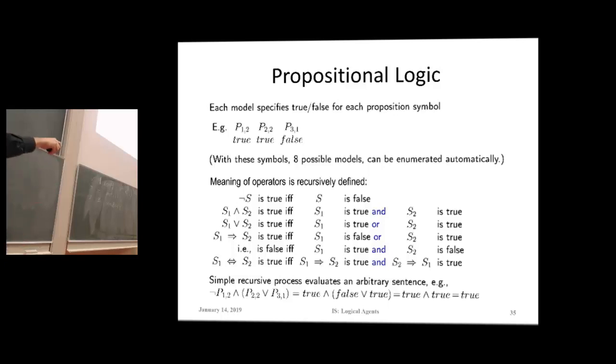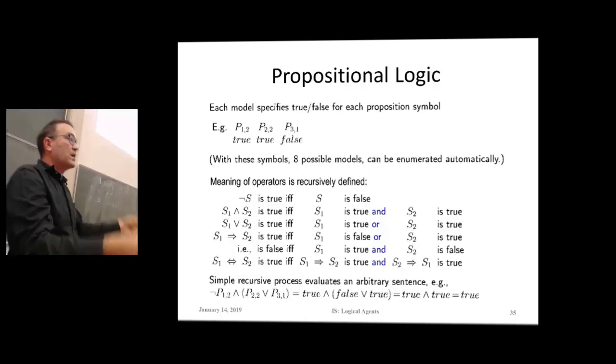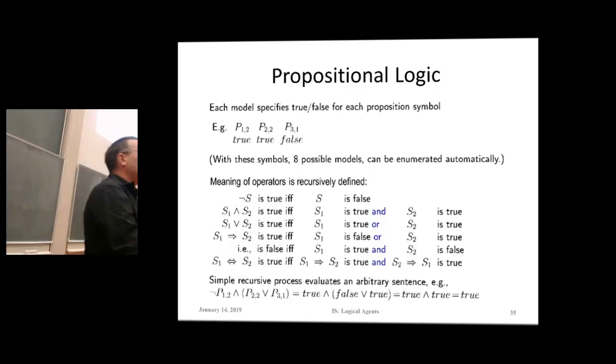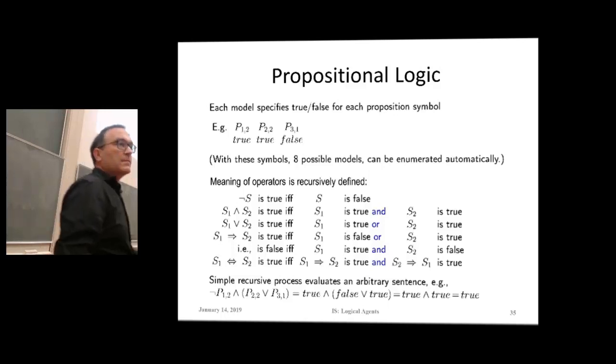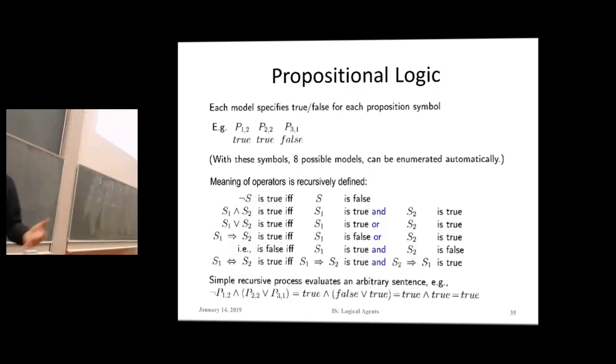If S1 and S2 are true, then the formula S1 conjunction S2 must be true, and so forth. So that's a standard way of porting the truth of individual propositions or simpler propositional formulas to more complex formulas. So it's the compositionality of propositional logic here.